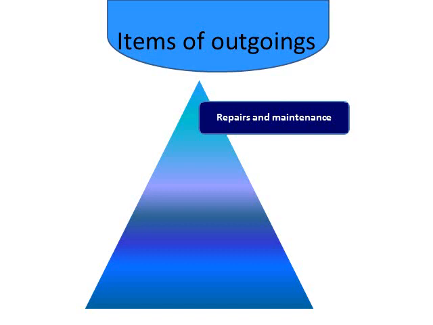So the first one is repairs and maintenance. For your information, this is the highest amount of spending for the property expenses.